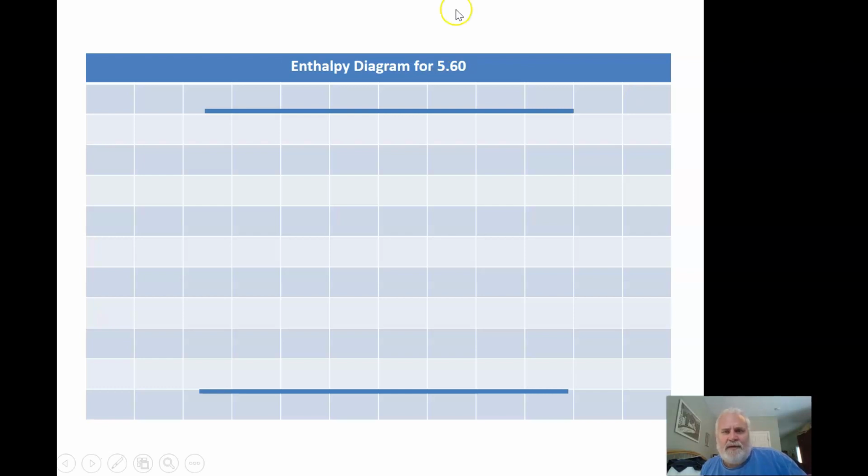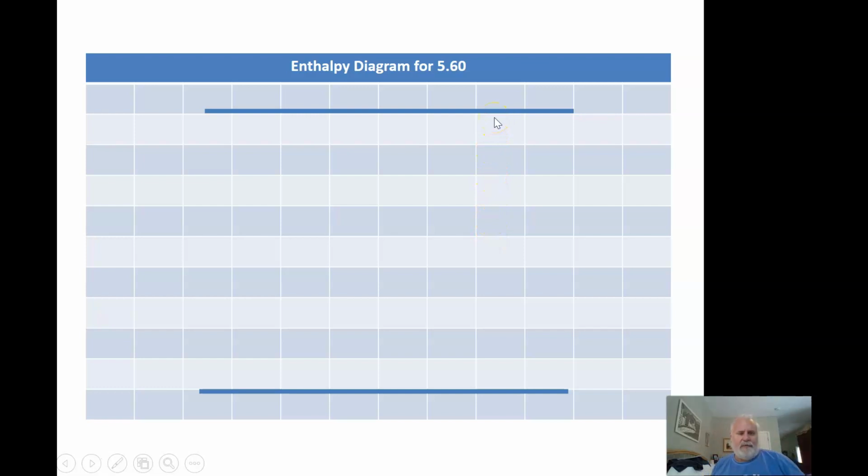But if you just want to darken in that line right there and darken in this one, this graph will be in increments of 10 kilojoules. So you can see that we go 10, 20, 30, 40, 50, 60, 70, 80, 90.